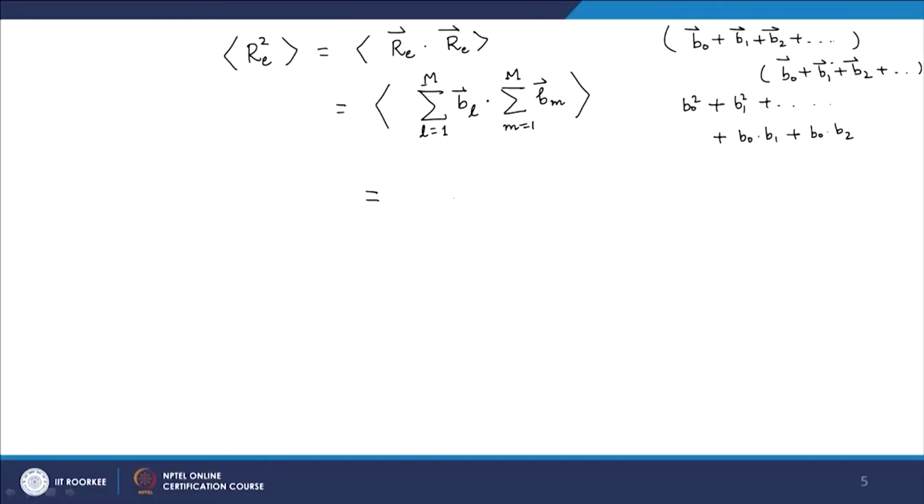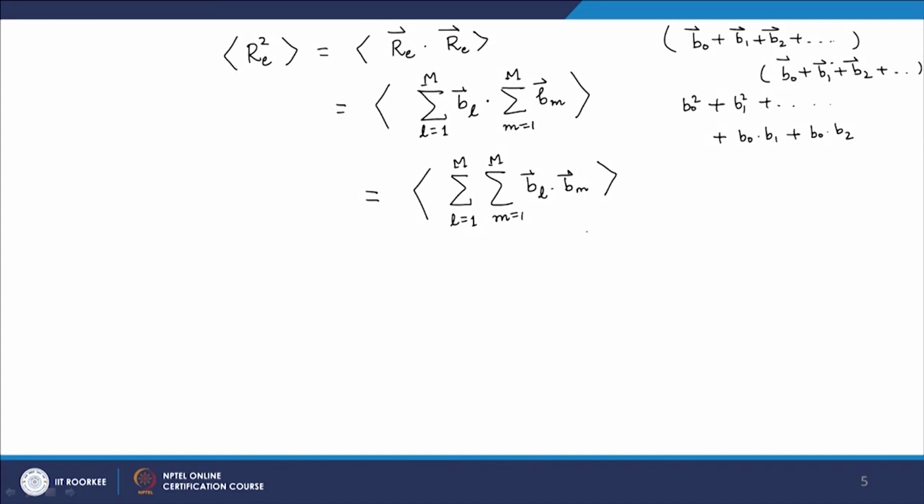Okay. So, now if I do that, this becomes, by simply rearranging the location of sums, and I can do that because the second summation is independent of b_l.